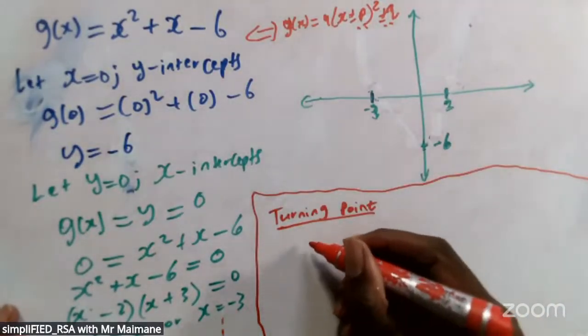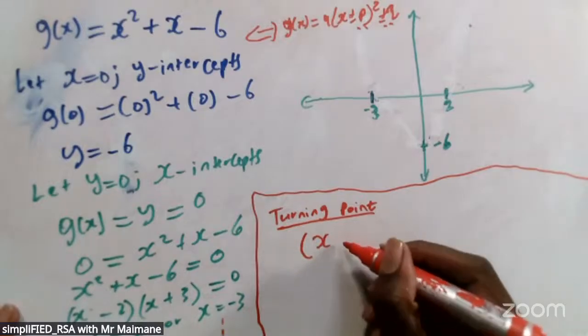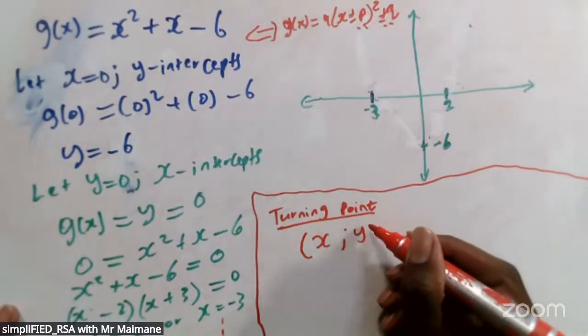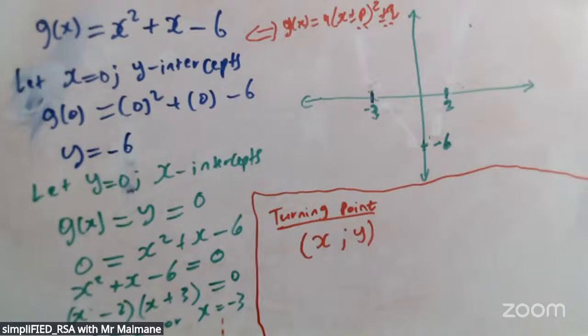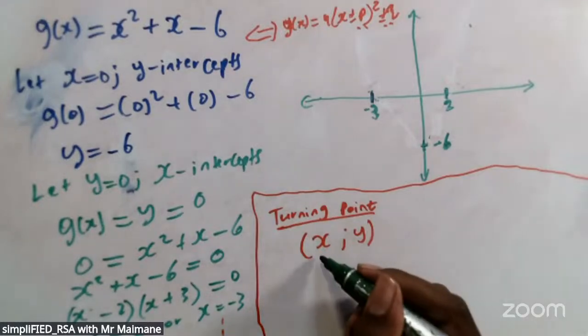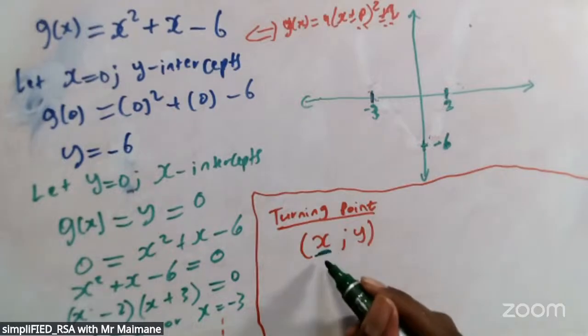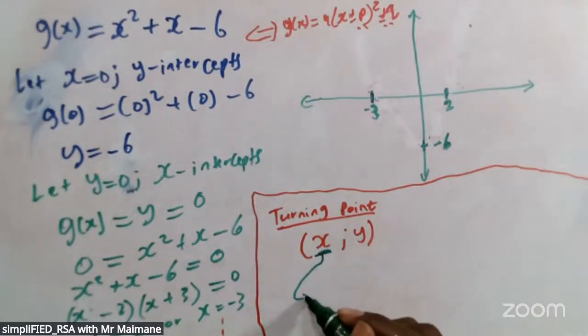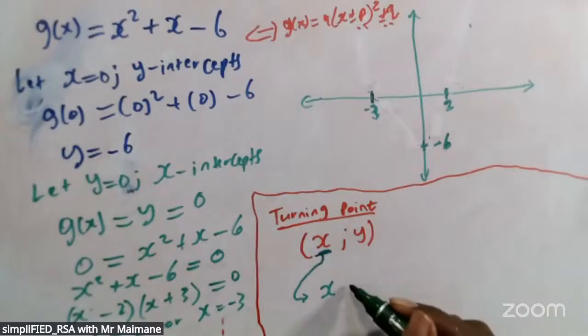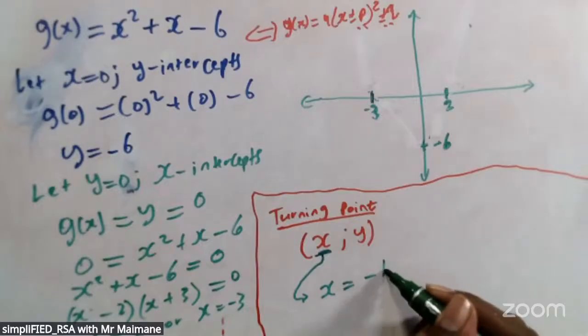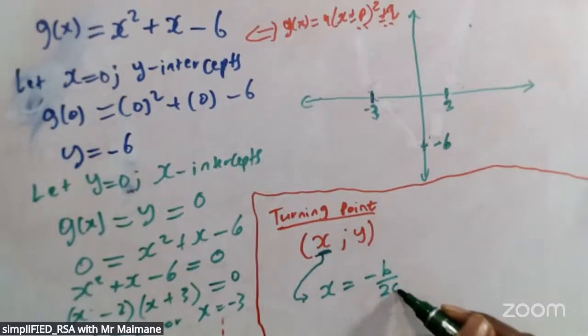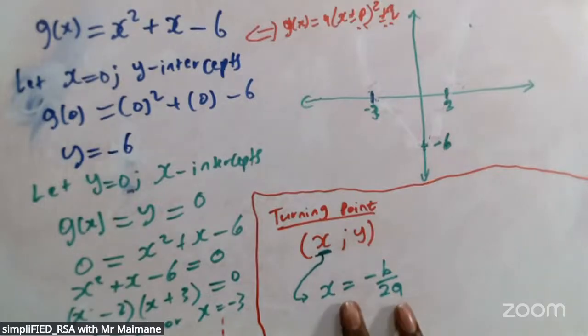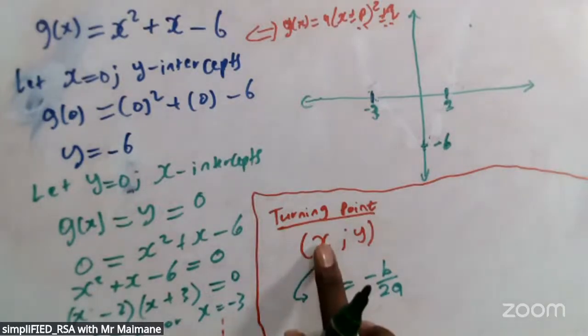So a turning point is in the form of x and y. To get your turning point, for the x part, the formula is x equals minus b over 2a. That's how you find the x part of the turning point.